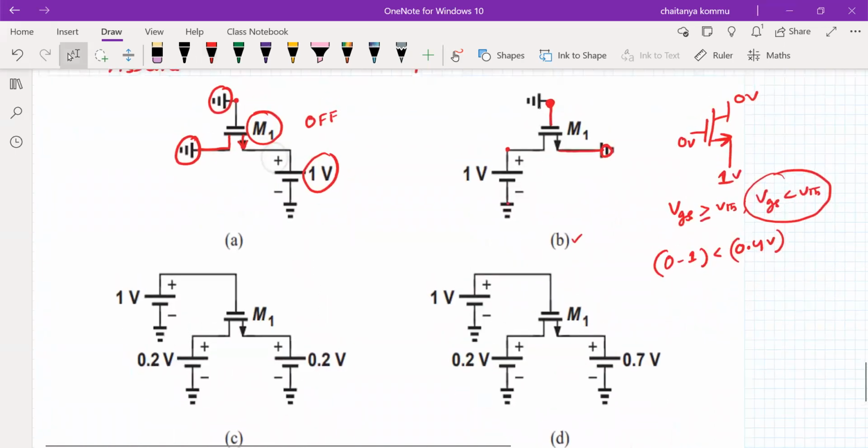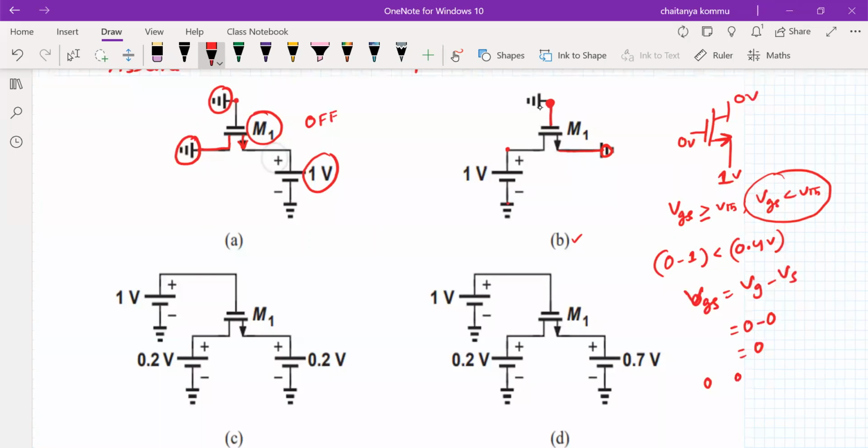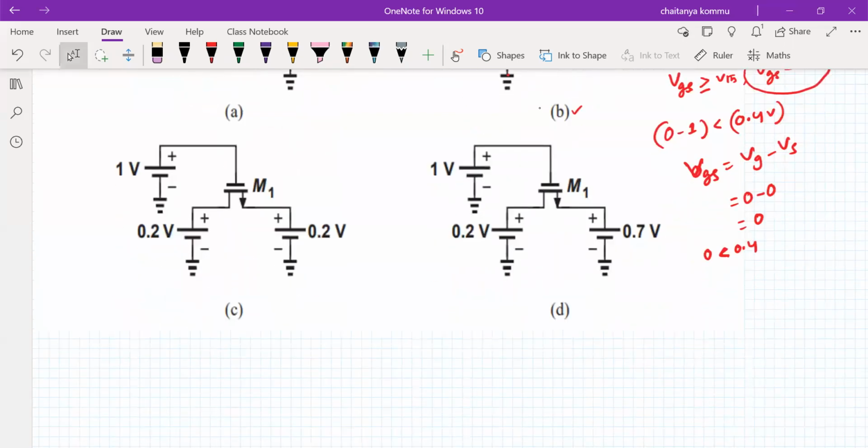So as we know, first gate to source we have to compare. What is the VGS? VG minus VS. VG is at 0. Source is at 0. 0 is on the left hand side. What is the right hand side? Threshold voltage. So is it greater than or less than? Always less than. Therefore, the transistor is said to be in cutoff only. It is also off. What about this one now?